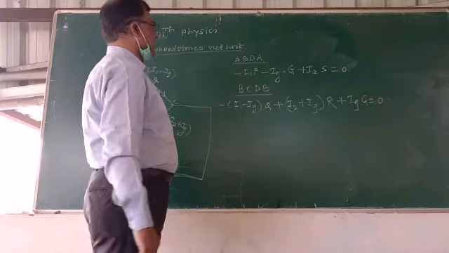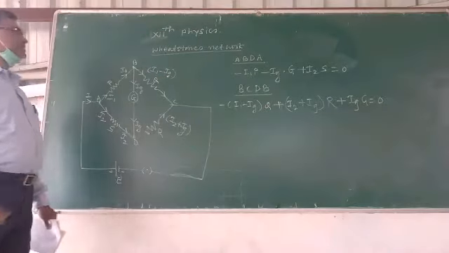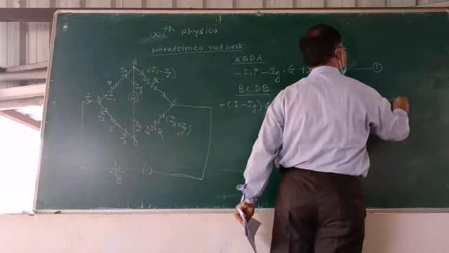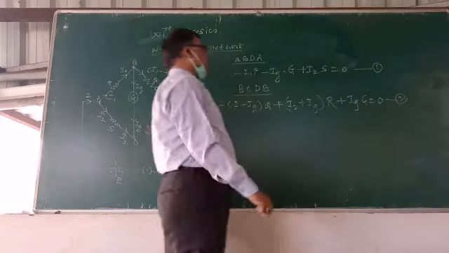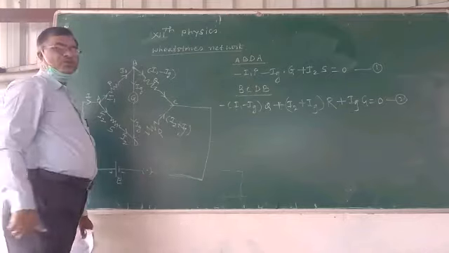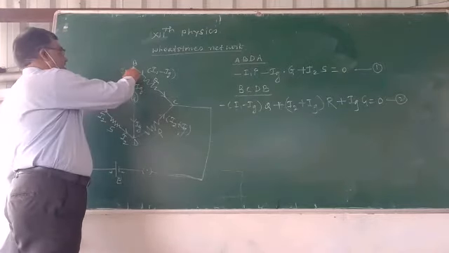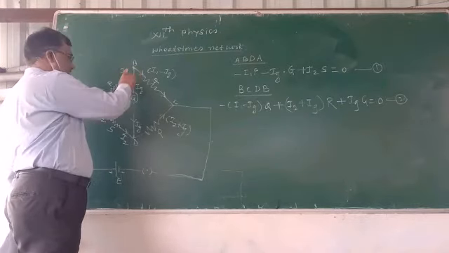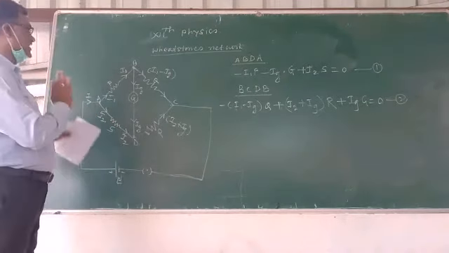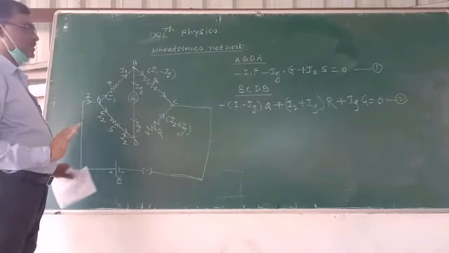Let us suppose this is equation number 1 and this is equation number 2. At the particular condition, the current passing through the galvanometer is equal to 0. That is, the potential at point B is exactly equal to the potential at point D, so there is no current passing through the galvanometer.